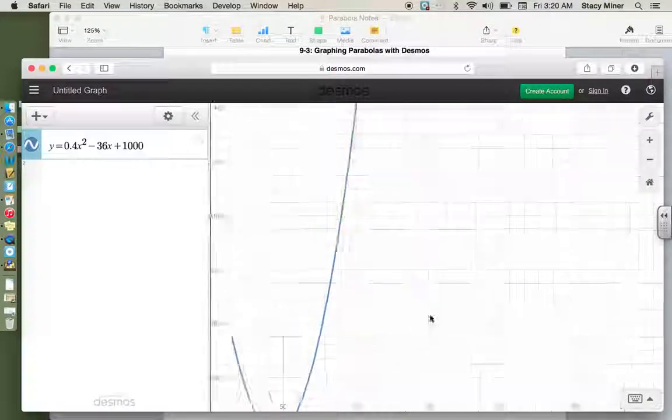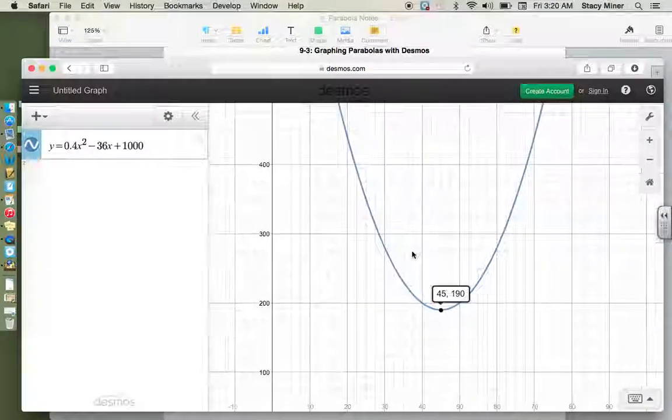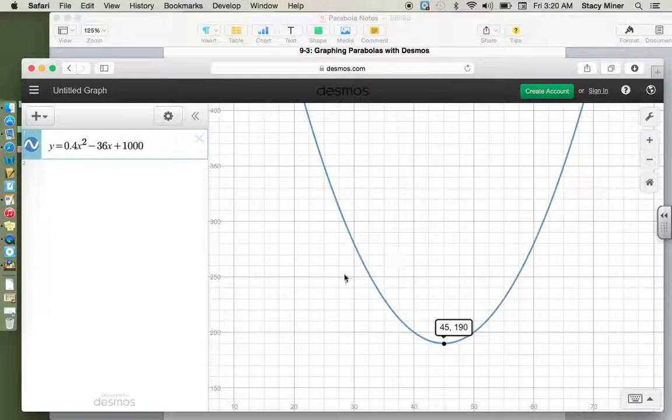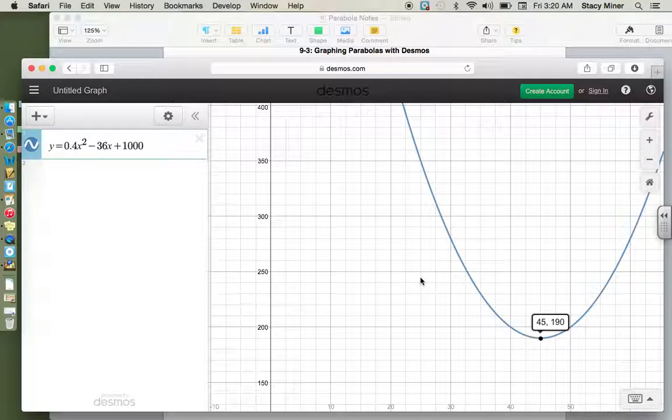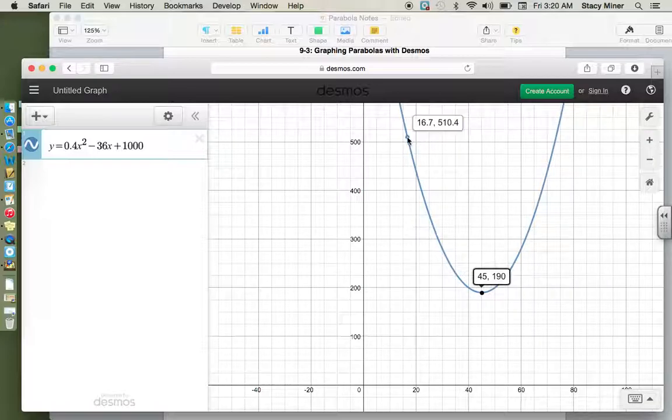So let's zoom in a little bit. So 17, 503.6.